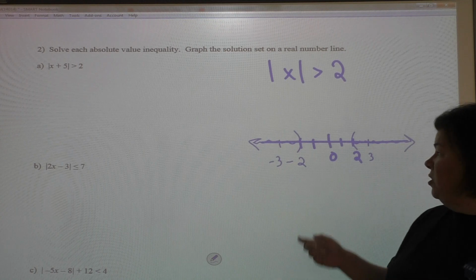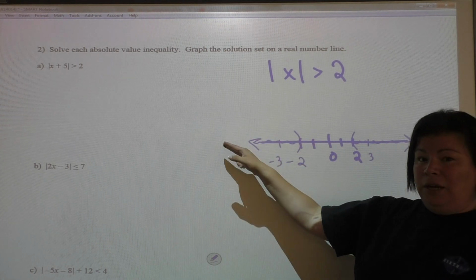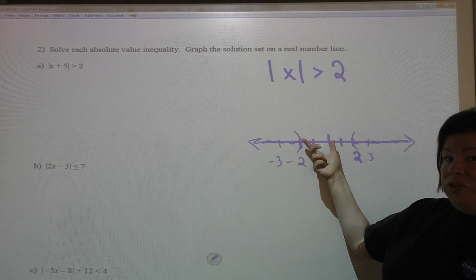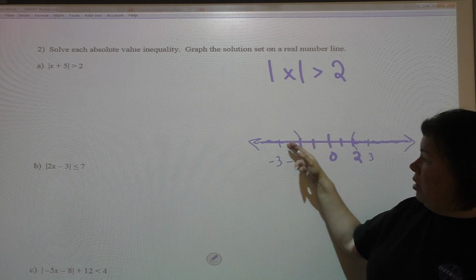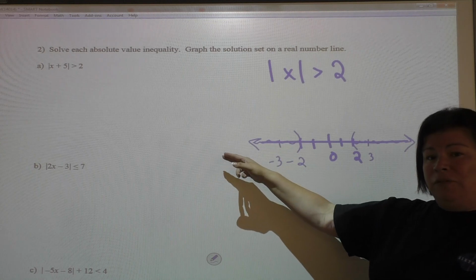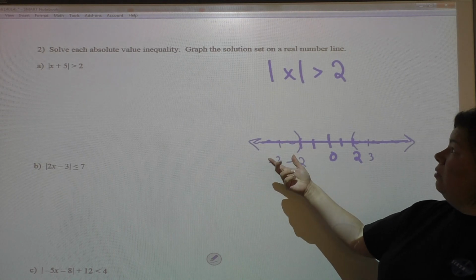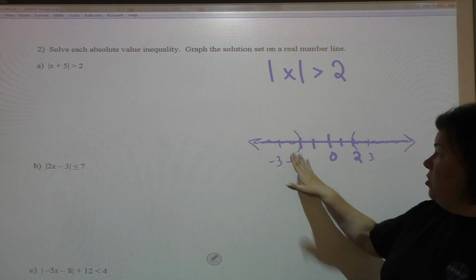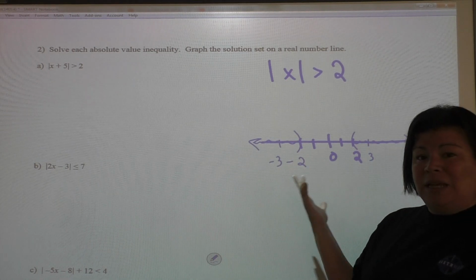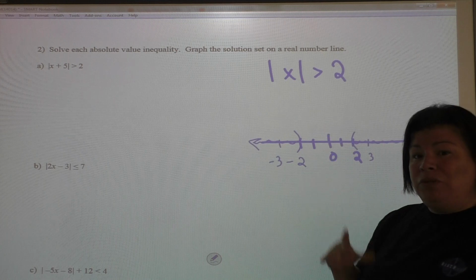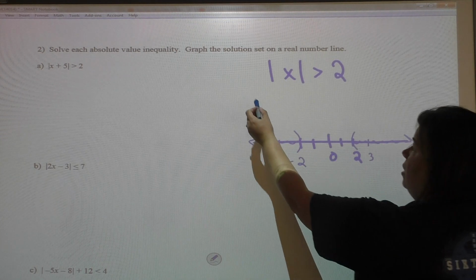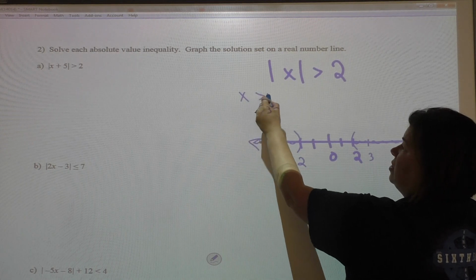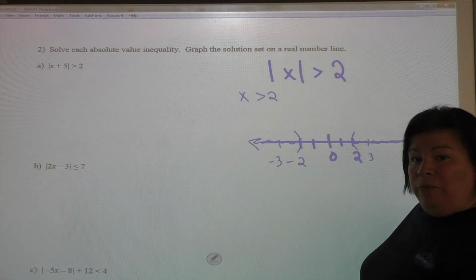Or there are also all of these units here on the left, because again, 0 to negative 2 is 2 units away. So all of these units to the left of negative 2 also have an absolute value greater than 2 units away from 0. So we can write this by separating it into 2 different inequalities, exactly how it's written here, just without the absolute value bars.